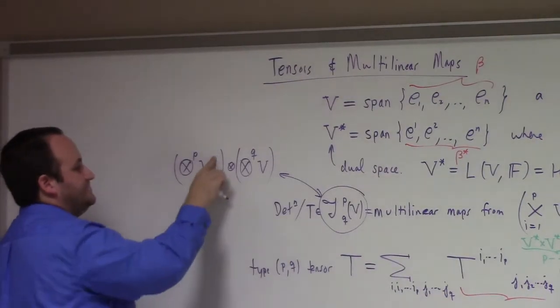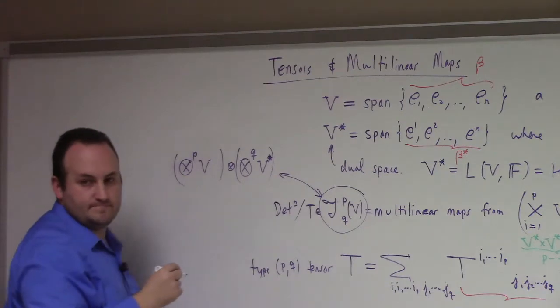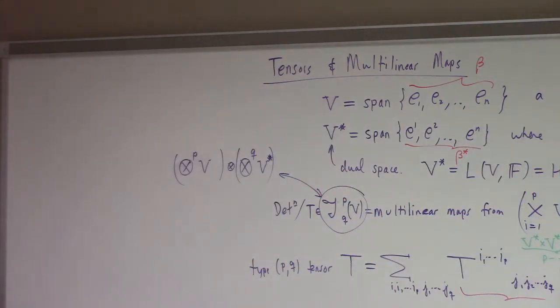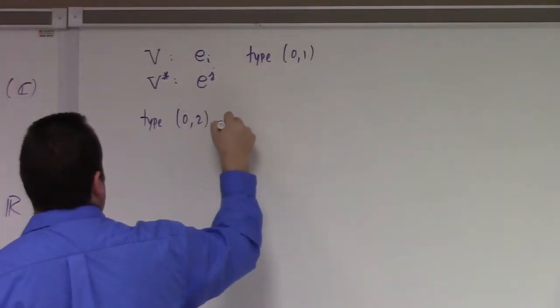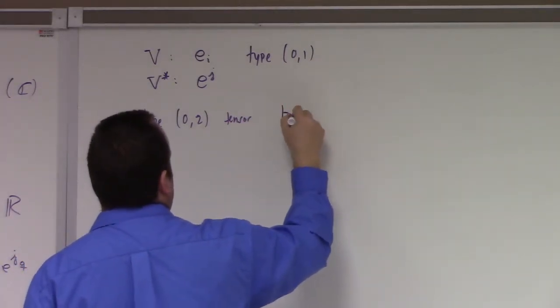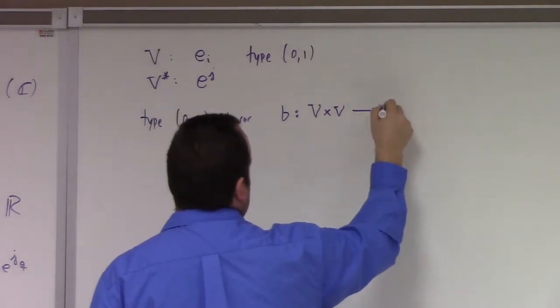Oh, other way around. So like a type 0-2 tensor, something is like B from V cross V to the reals.